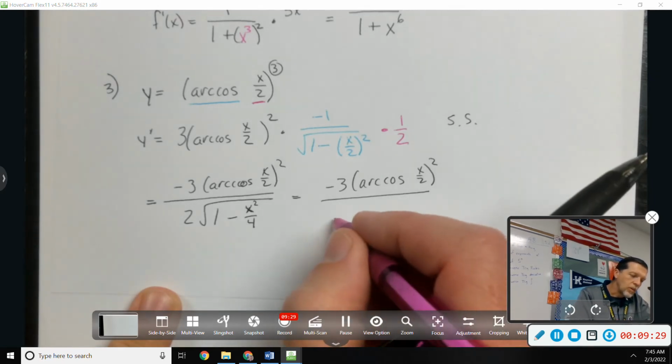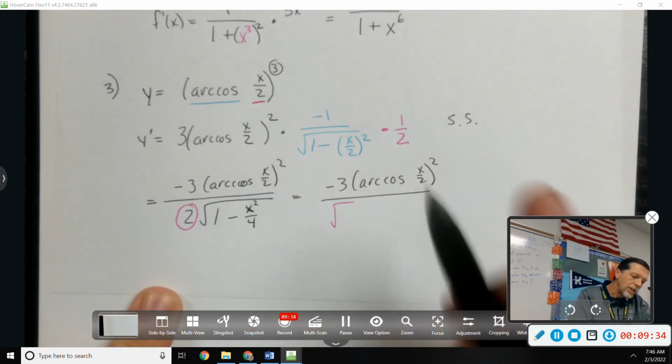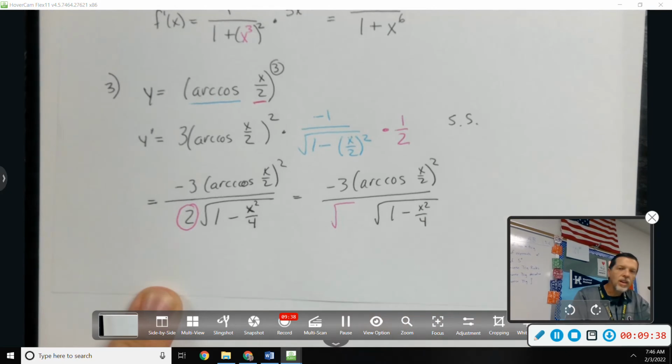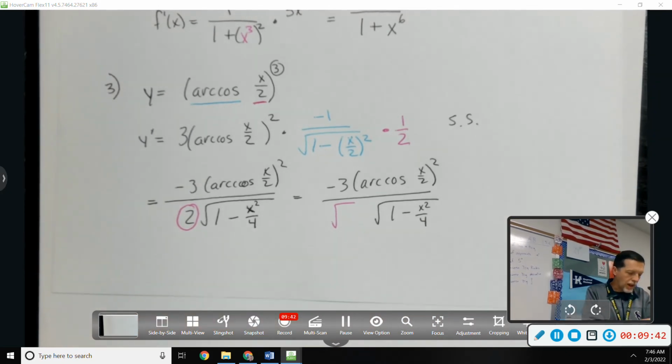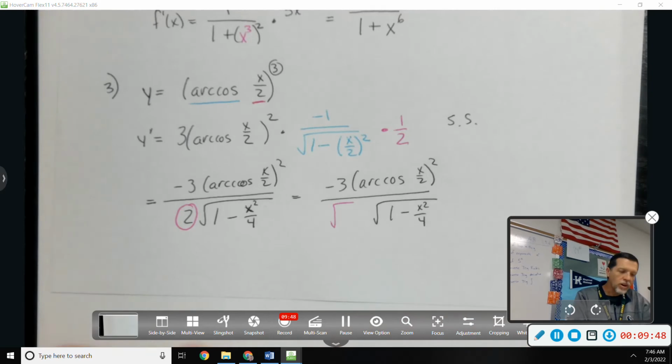So is there a way I could write 2 as the square root of something? Because I want to be able to multiply those, and if it's not a square root, I can't multiply them. So I could replace 2 with square root of 4.